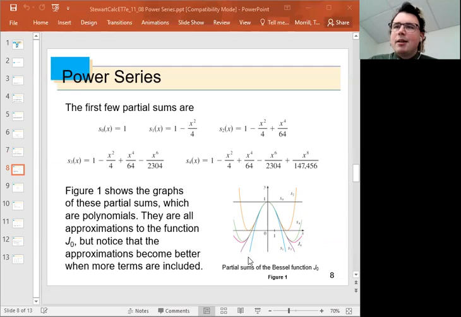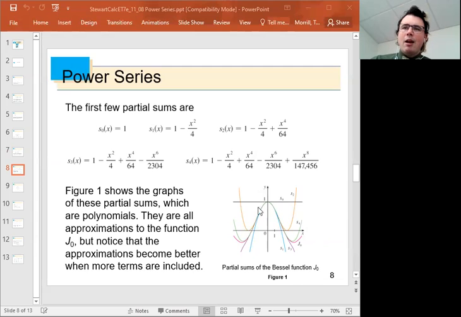So it looks like my constant S0 is in black, and then the later partial sums are graphed in different colors: blue, maroon, red, green, yellow, and so on.